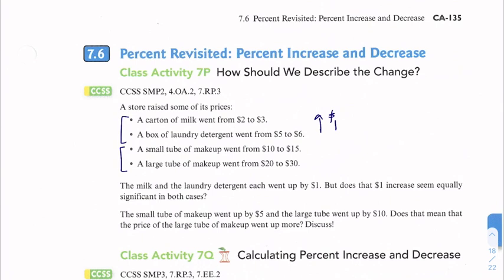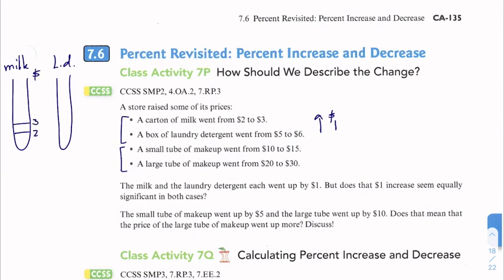Let's take a look at the percent thermometers. We're going to draw two percent thermometers. One is going to be for milk, and the second one is going to be for laundry detergent. The milk went from $2 to $3. The laundry detergent went from $5 to $6.